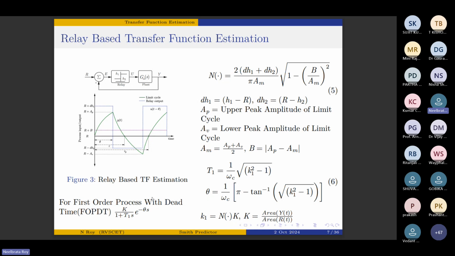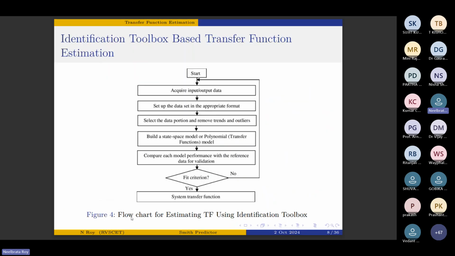Now, if we don't want to use this method, there is one more method given by MATLAB, that is using the identification toolbox. What we do is we get the input output data of the plant, import the input output data in the toolbox, and the toolbox will give the transfer function by matching the input and output response.